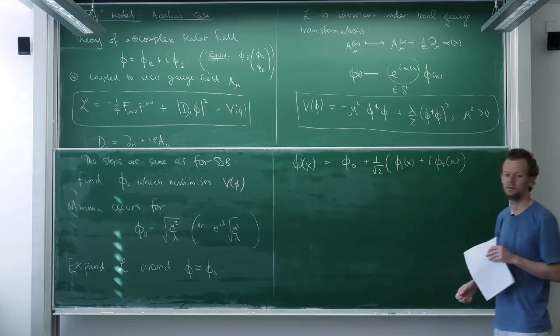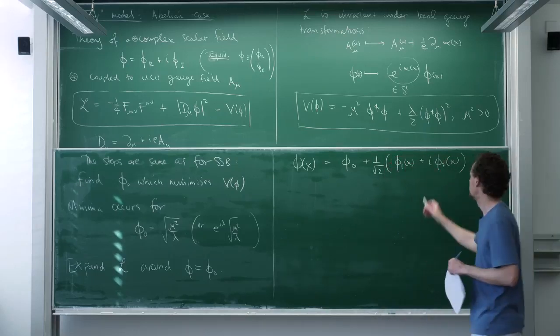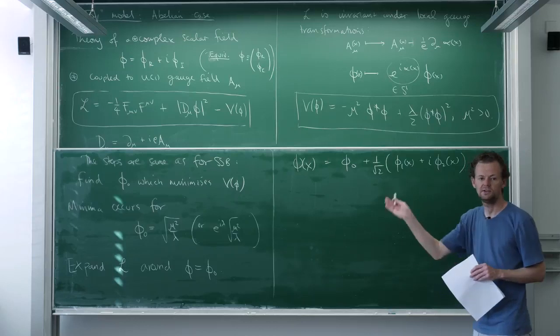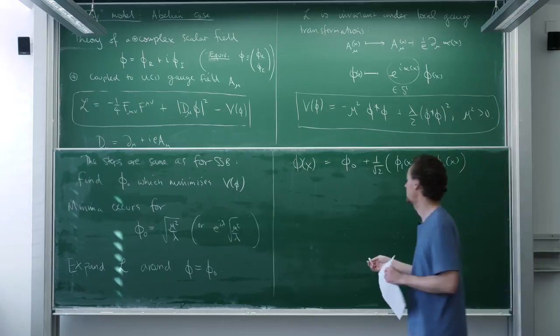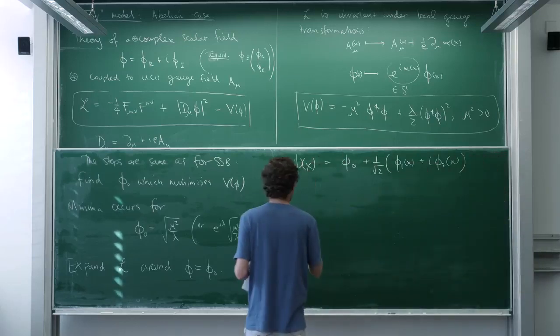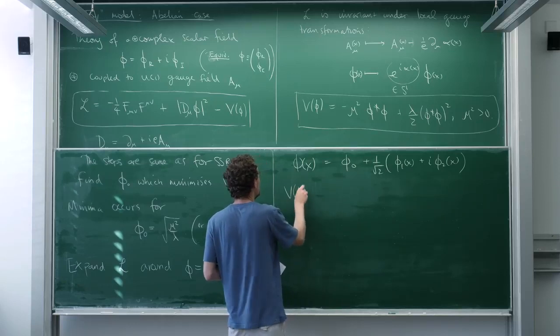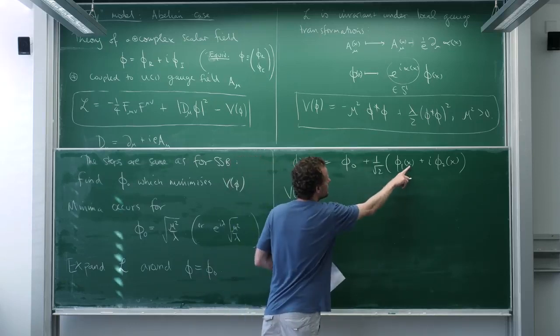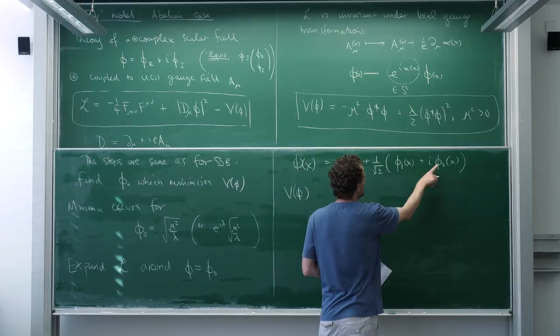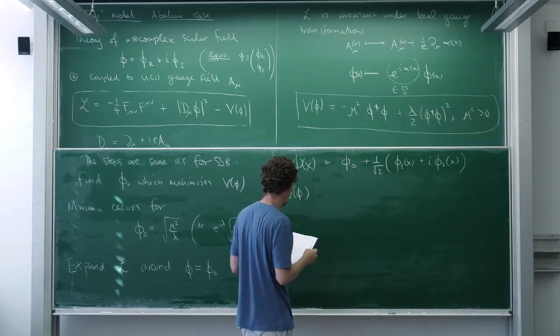There they are. So phi 1 and phi 2 are just the deviations in the real and imaginary directions for this scalar field. And in terms of these new degrees of freedom here, these are the new fluctuating degrees of freedom. That's the classical solution.